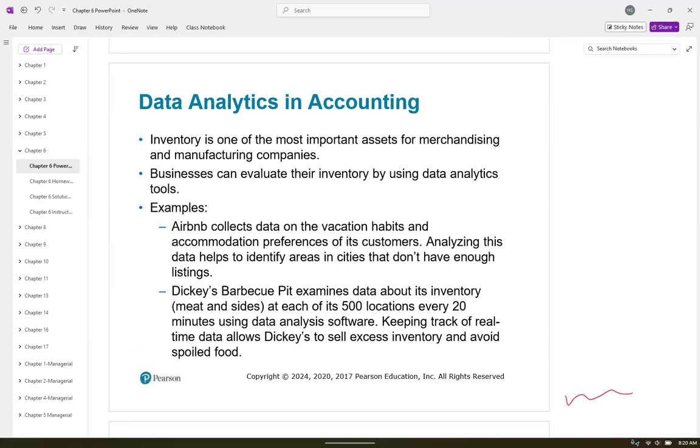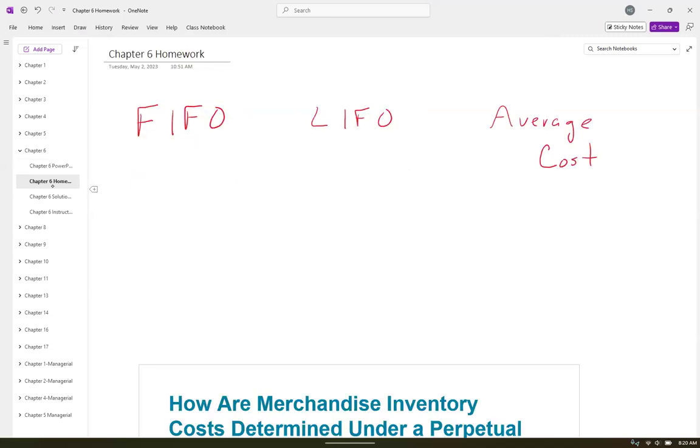Before I go to the next objective, I want to talk about these three things: FIFO, LIFO, and average cost. Under FIFO, this is my swimming pool, and you have a water hose going in.